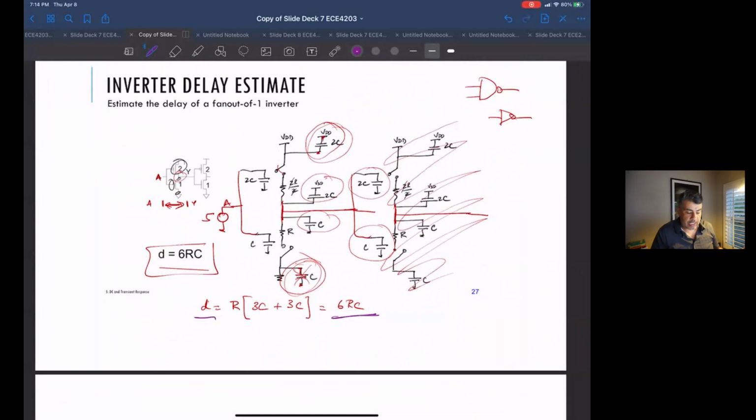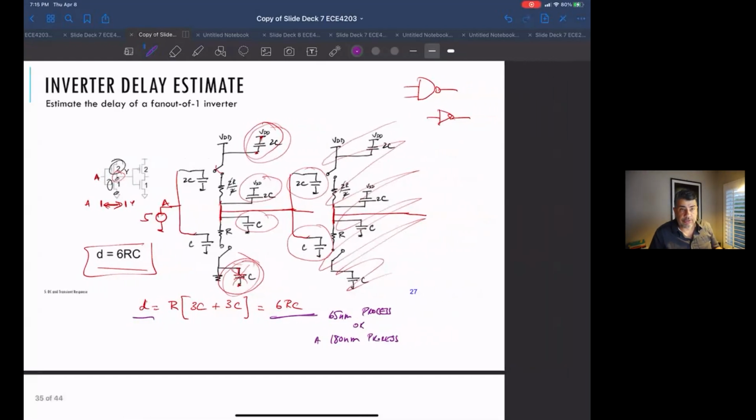So if you have a minimum size inverter driving another minimum size inverter, the delay in the simplified assumption is 6RC. Regardless of whether you're in a 65 nanometer process or a 180 nanometer process, it's 6RC is the delay for a minimum size inverter driving another minimum size inverter.